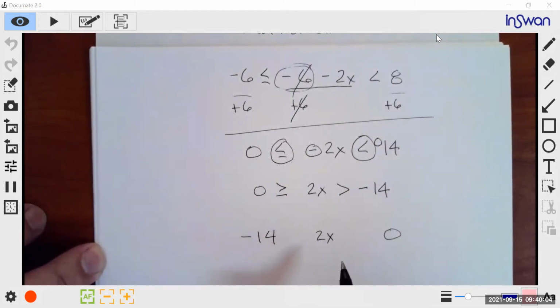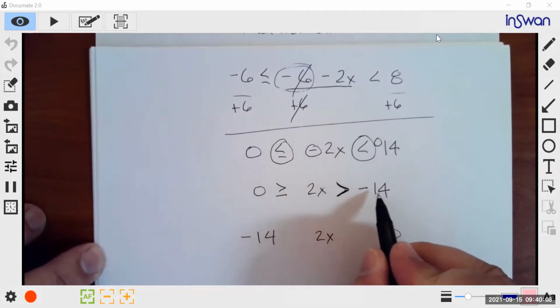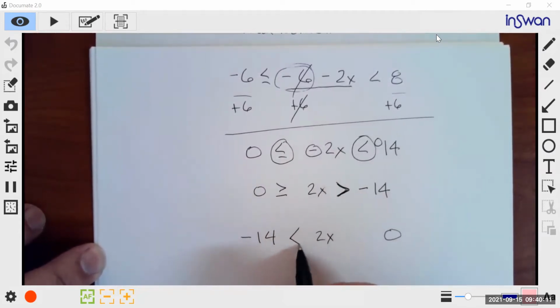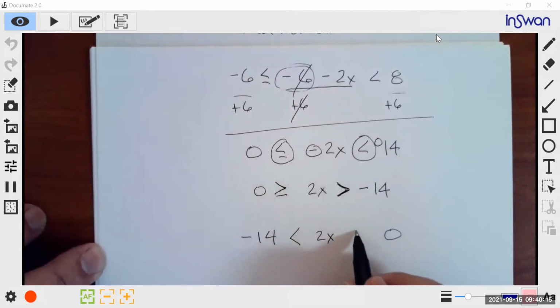Because we flipped it, the arrow still points to the -14. The arrow still points to the 2x.